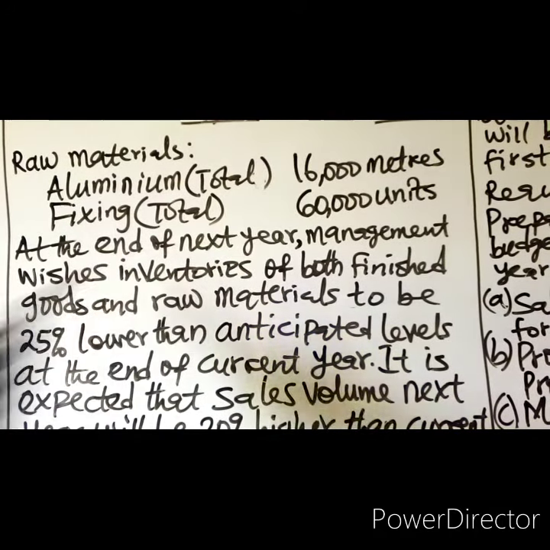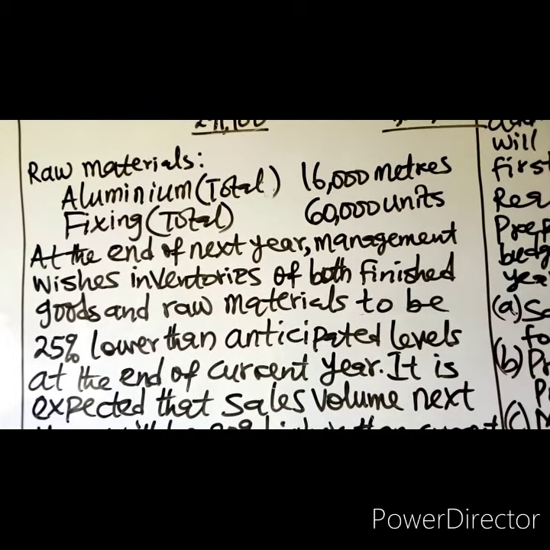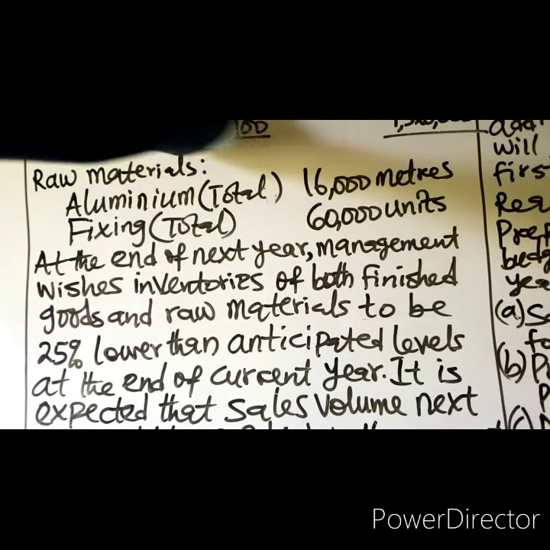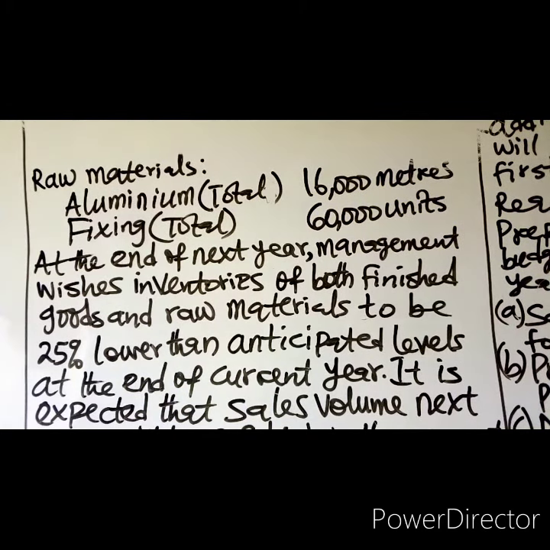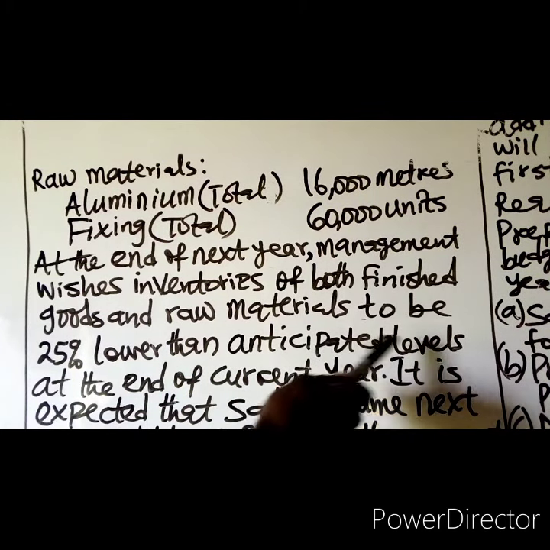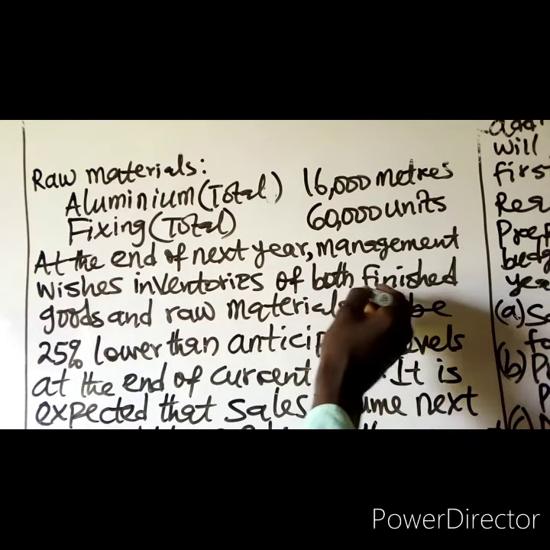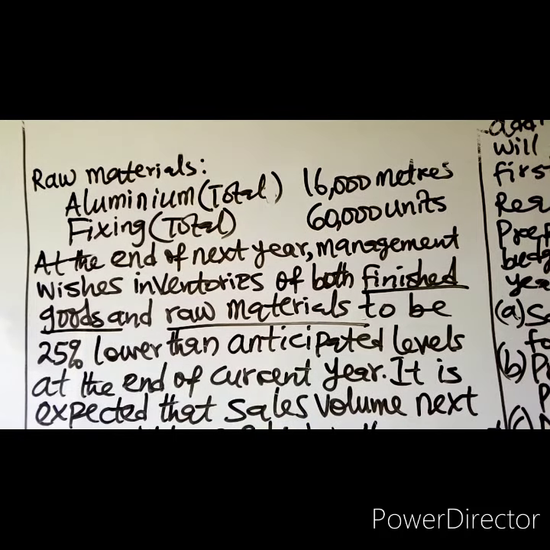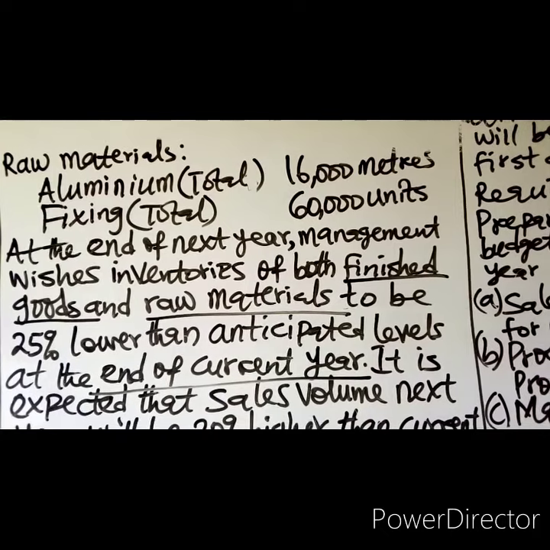At the end of next year, management wishes inventories of both finished goods and raw materials to be 25% lower than anticipated levels at the end of the current year.